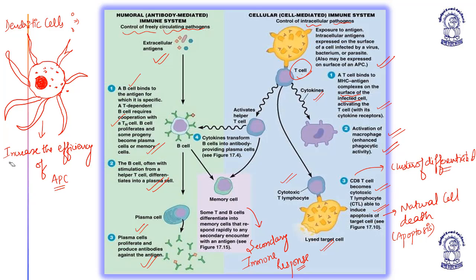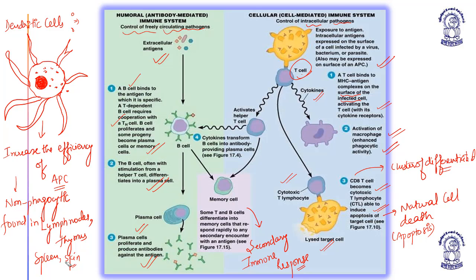These cells are non-phagocytic. Understood? They are found in lymph nodes, spleen, thymus, and skin.